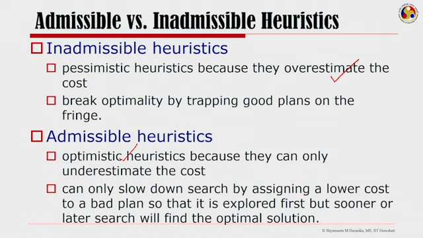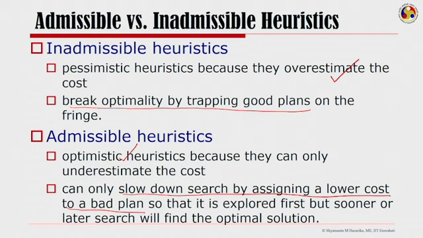Later we will see that admissible heuristics can only slow down search by assigning a lower cost to a bad plan, but that is not very dangerous. Whereas inadmissible heuristics break optimality by trapping good plans.